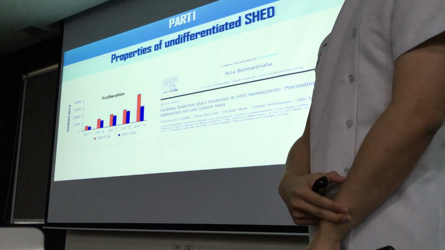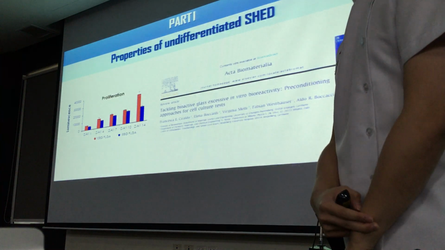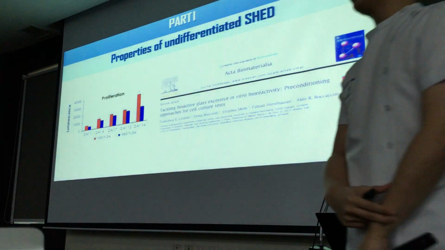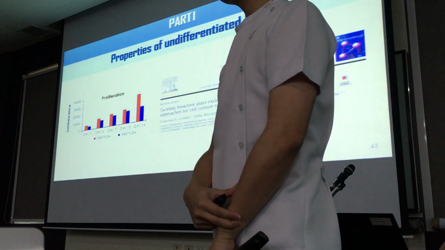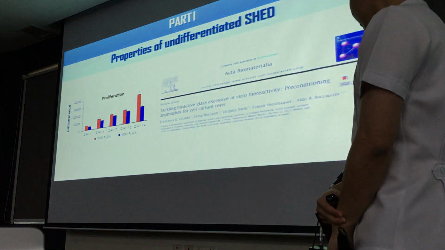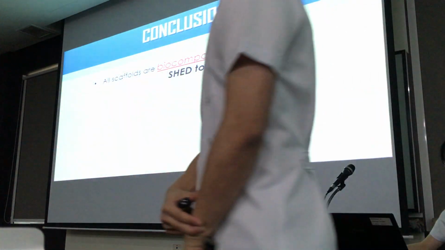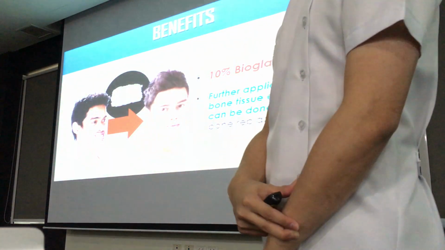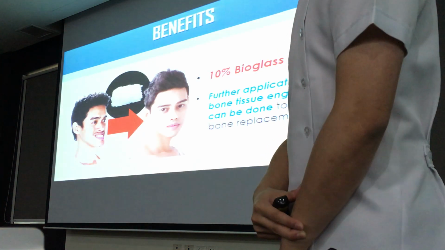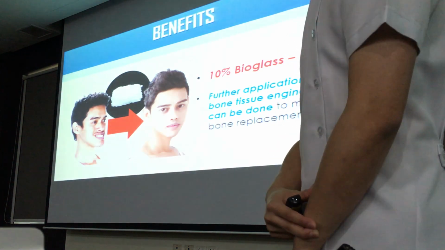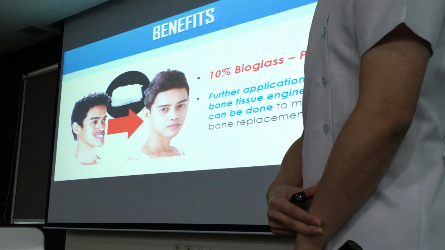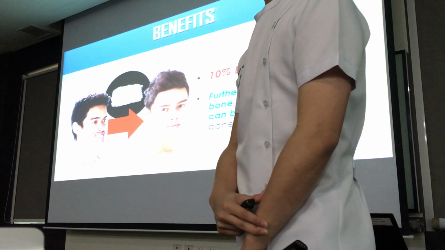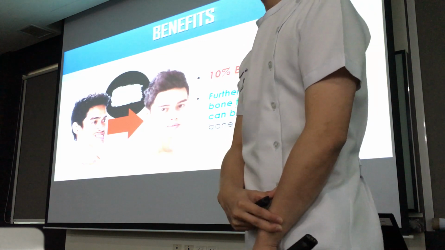I agree with the previous professor that your work is very excellent and should be for a PhD candidate. I want to ask about your conclusion that the 10% bioglass PLGA scaffold is the choice for application in bone tissue engineering. But your methodology has a very limited time, just 14 days, only 2 weeks. What do you think about the result if extended to 1 year or 2 years?